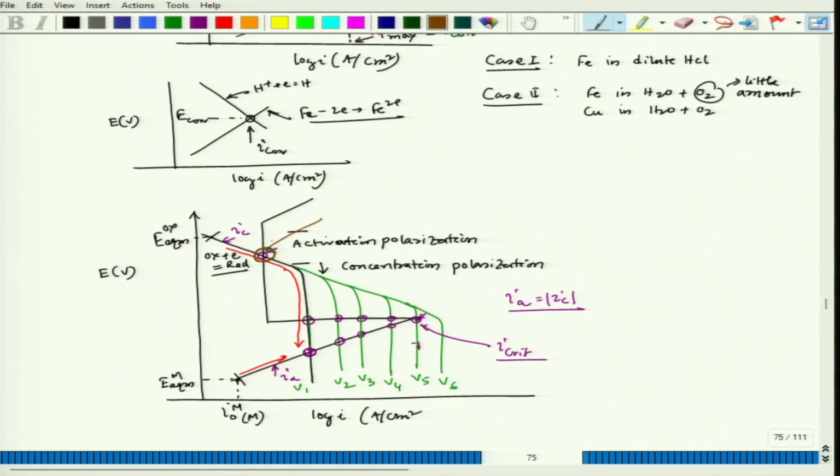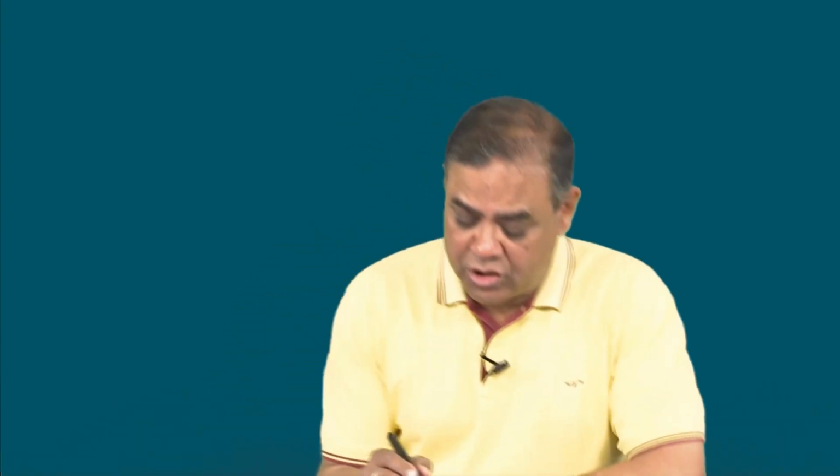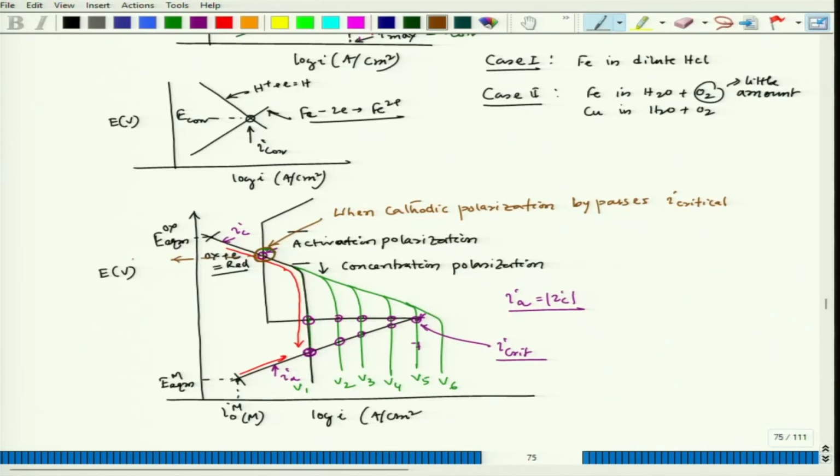It corresponds to when cathodic polarization bypasses I critical, and the system will immediately take the interaction between the cathodic and anodic reactions, the mixed potential, to this location, which will be considered as E corrosion, and the corrosion current density would be equal to IP, the I passive.